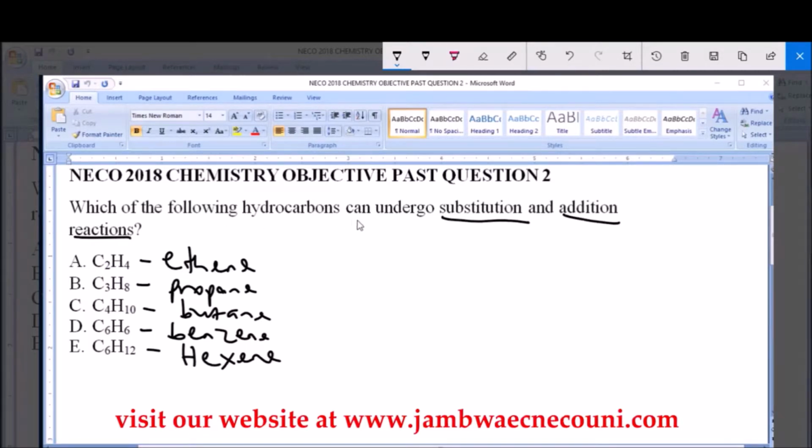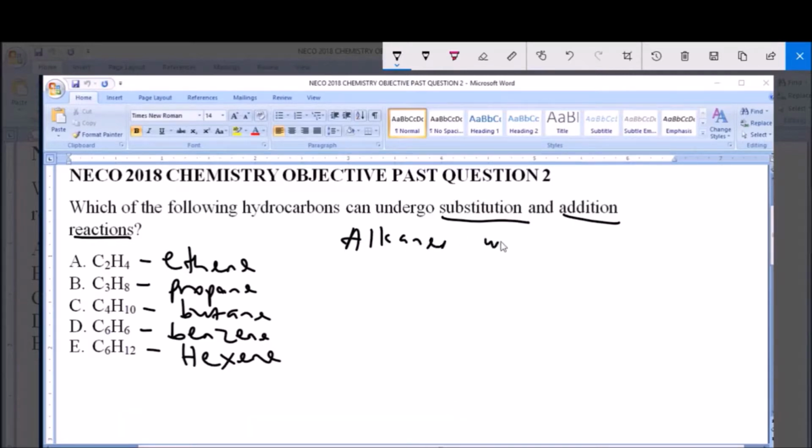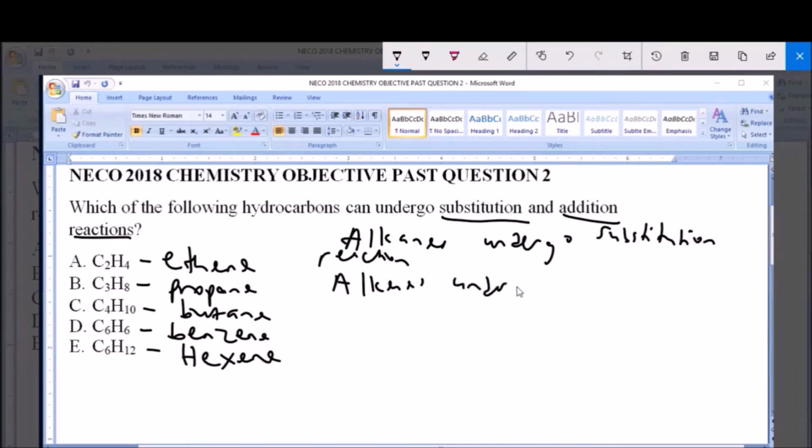Now, the rule of thumb to remember here is that alkanes undergo substitution reaction, and the alkenes undergo addition reaction.